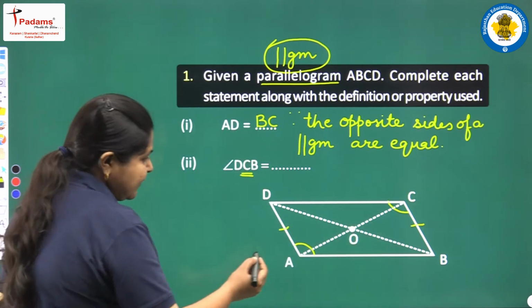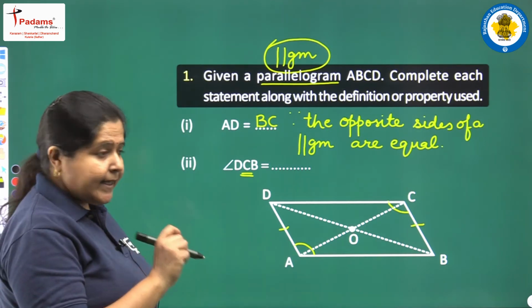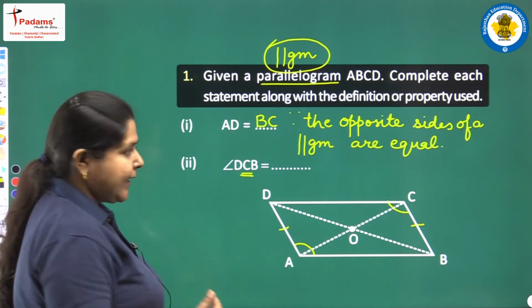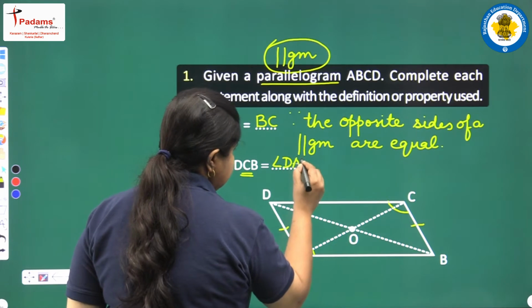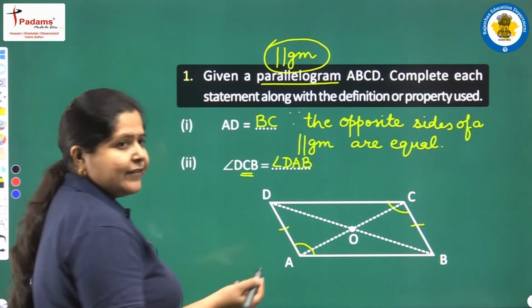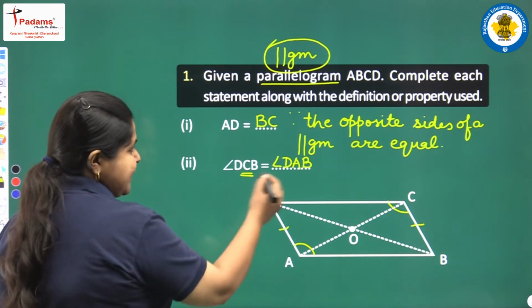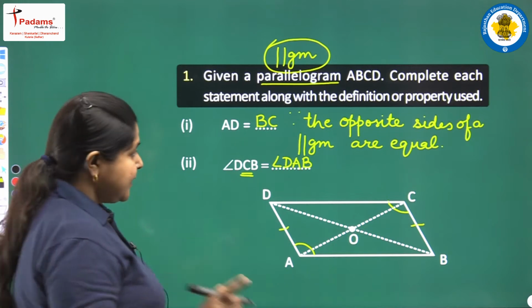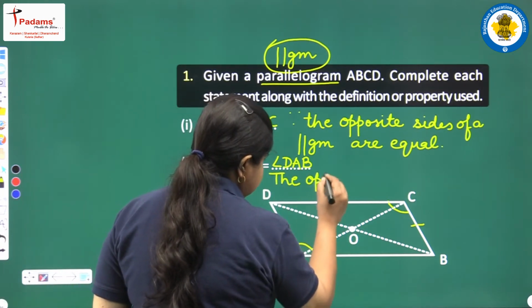Because this angle is being formed at point A, so this point A will lie in the middle and the other two vertices will be written on the two sides of A, that is in this way, angle DAB, or we could have written angle BAD, that too would have been correct. So these two angles are equal and the property that we are using is the opposite angles of a parallelogram are equal.